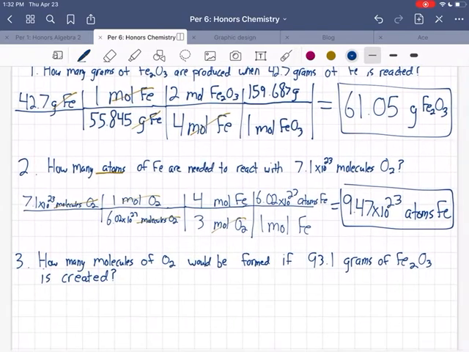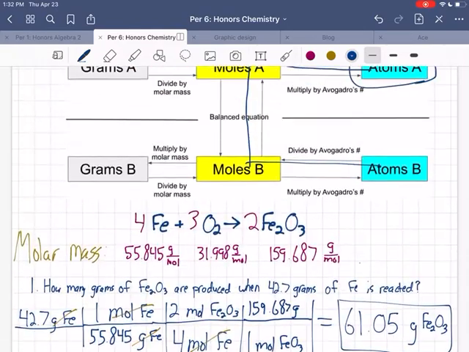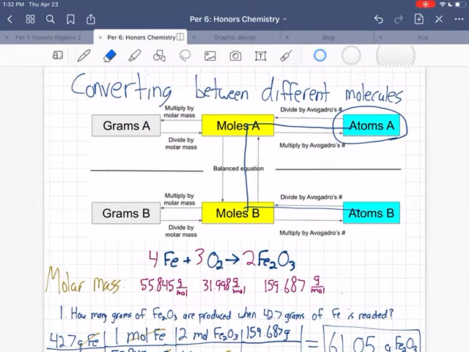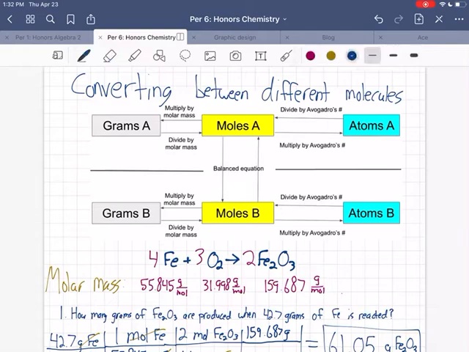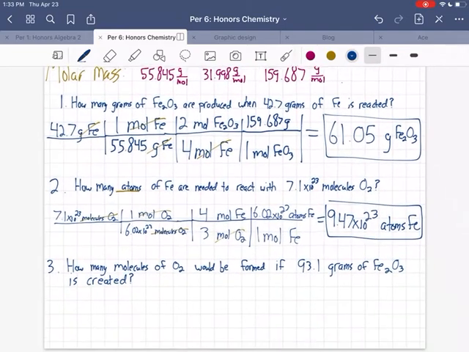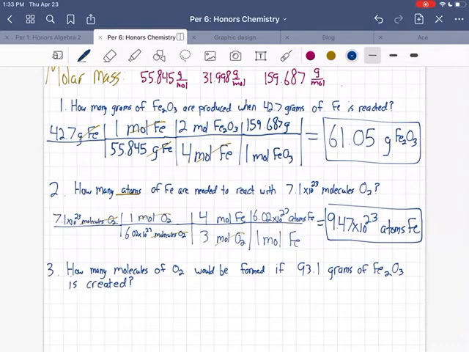And we're going from grams of iron oxide and eventually going to end up with molecules of oxygen. So essentially we're going from grams over here, changing to moles of the other thing, and then ending up with atoms of the other thing, which is actually the same conversion as molecules.